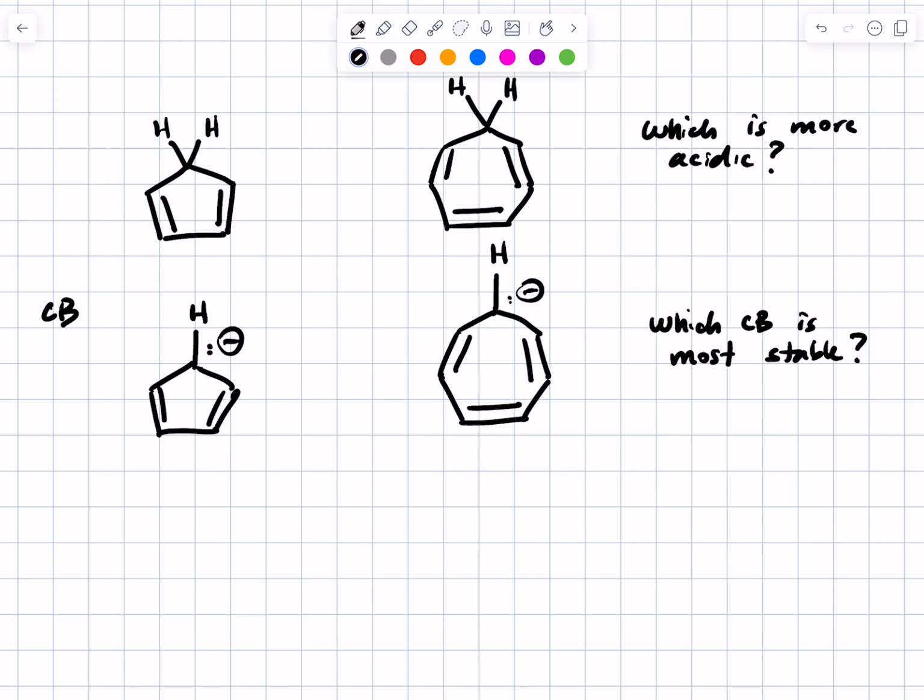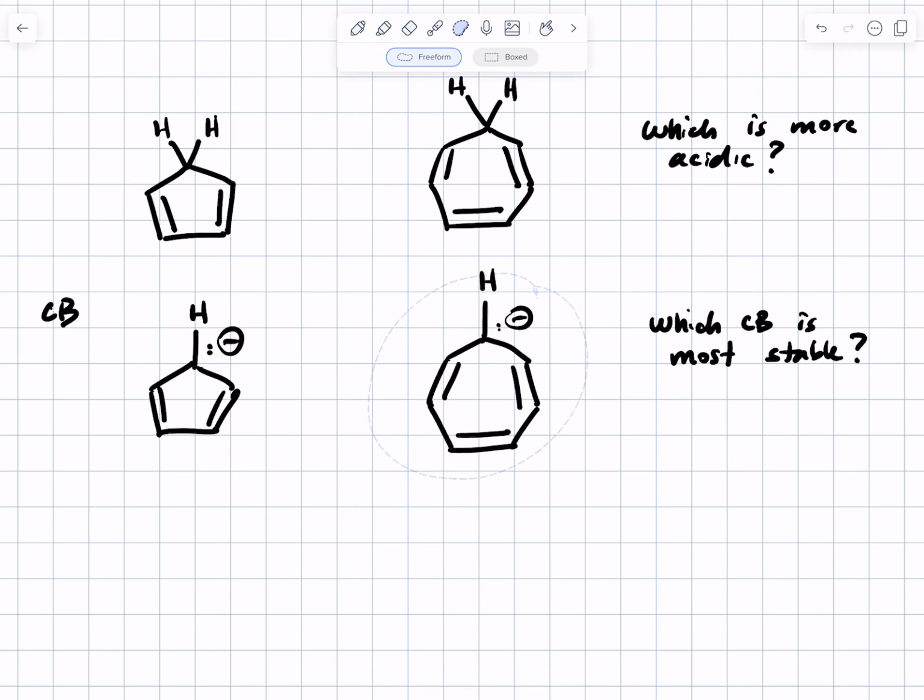Now, can you see how to connect the stability of these conjugate bases to aromaticity? What do you notice about these two? Are they cyclic, fully conjugated? How many pi electrons does the one on the left have? 6, right? How about the one on the right? Therefore, the one on the right is what? Anti-aromatic.